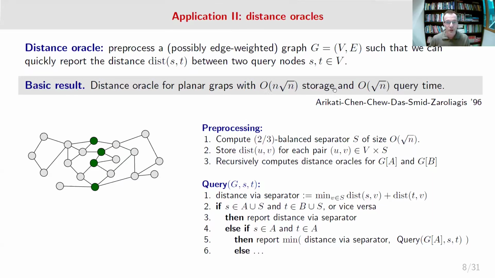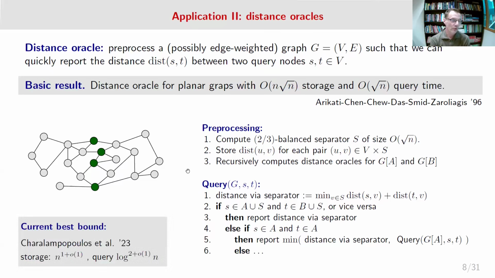And then you will see that the query time is square root of n, right? Because here I spend square root of n time and then I recurse. And my storage is n root n. Okay, this is actually very naive.